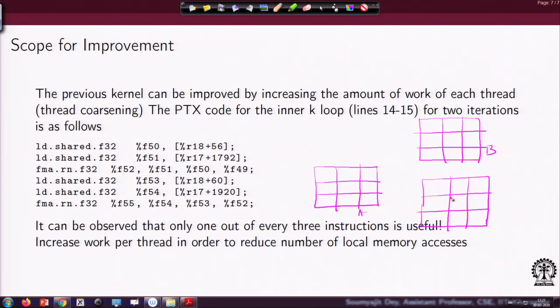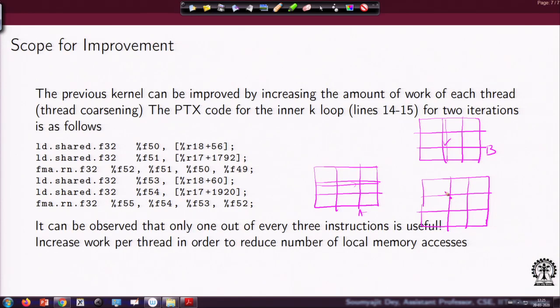So, the thread which is going to compute this element will have to do a computation of elements here. It has to essentially multiply the elements here with the elements here, right. And how does it really do it? Well, it does it by coordinating with other threads.